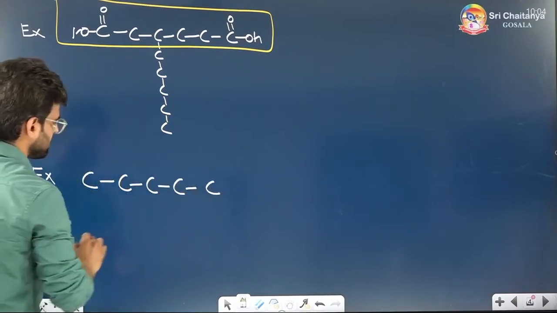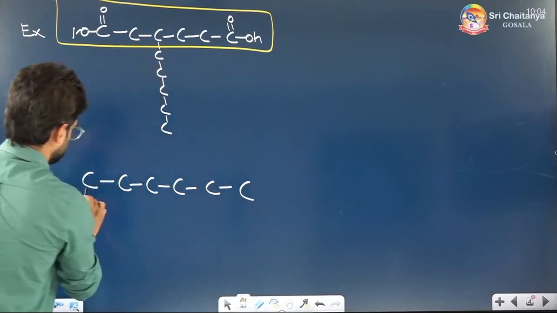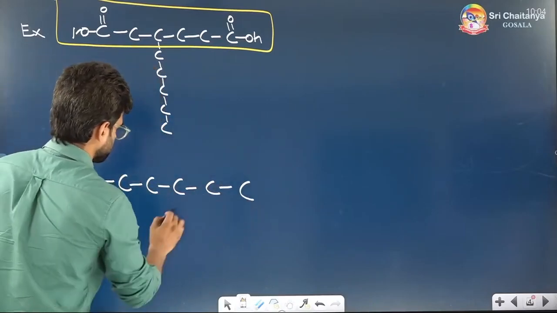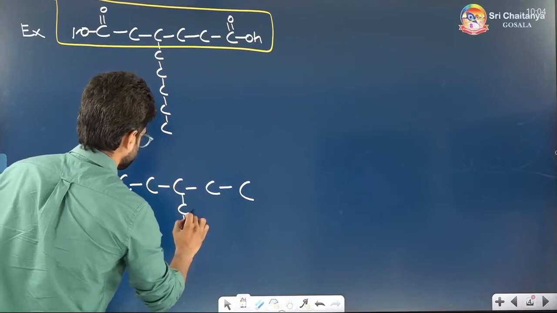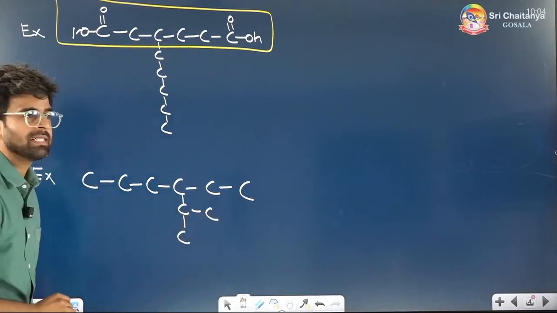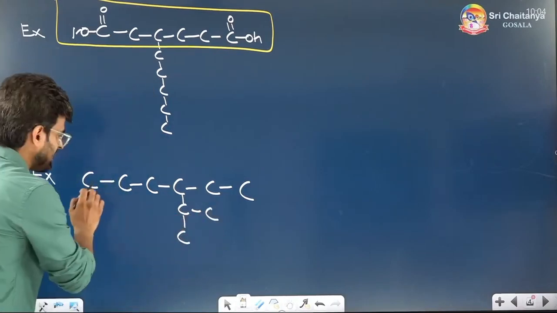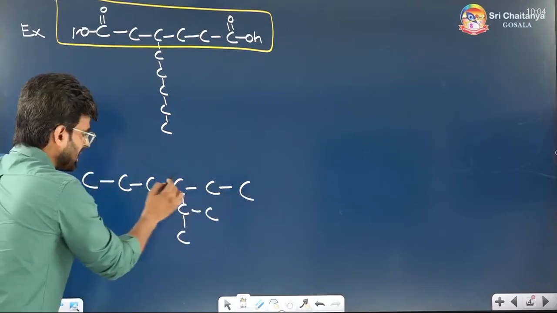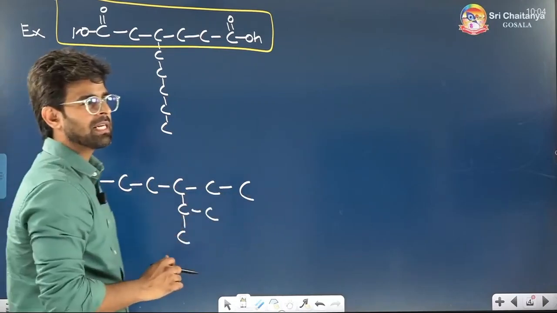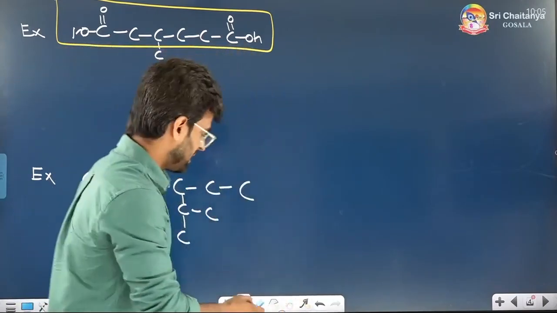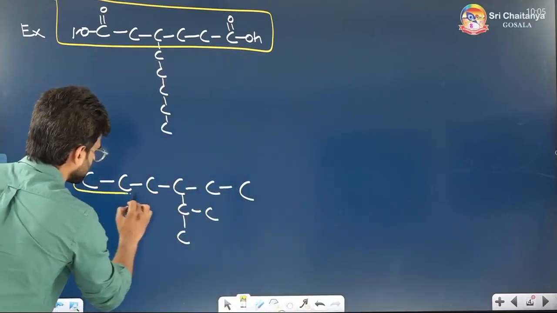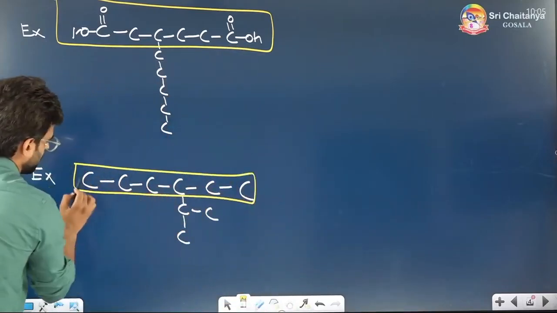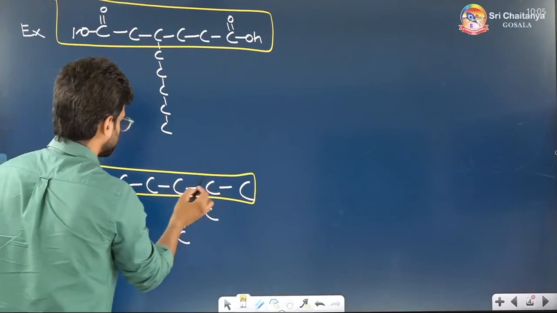Carefully give the answer. Okay, fine. Tell me, should I take the straight chain as my main chain or the L? If you count carbons in the straight chain, how many carbons are there? 1, 2, 3, 4, 5, 6.